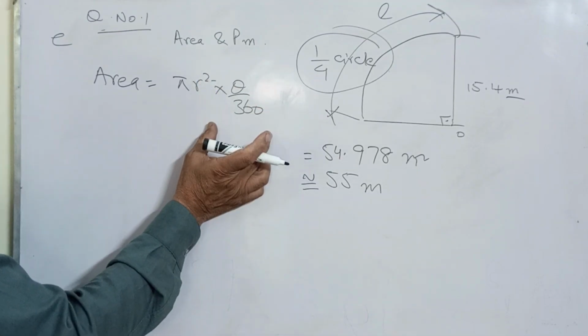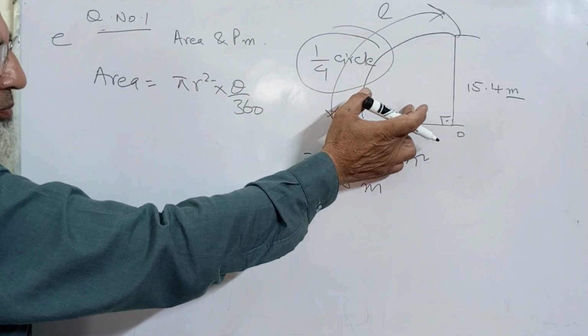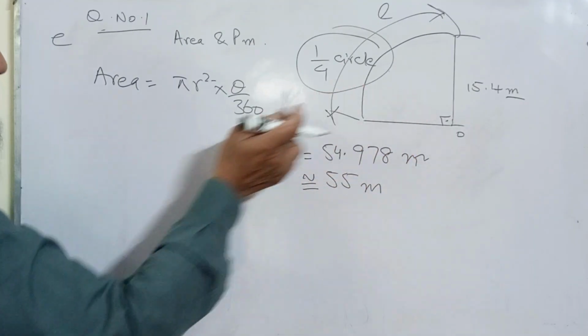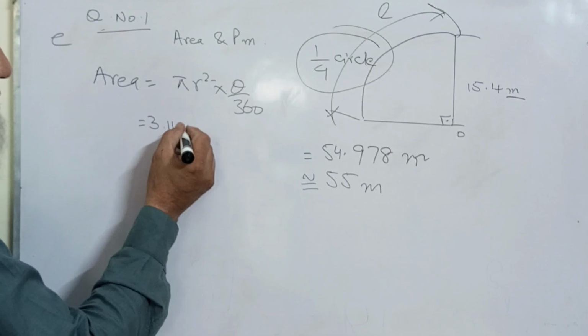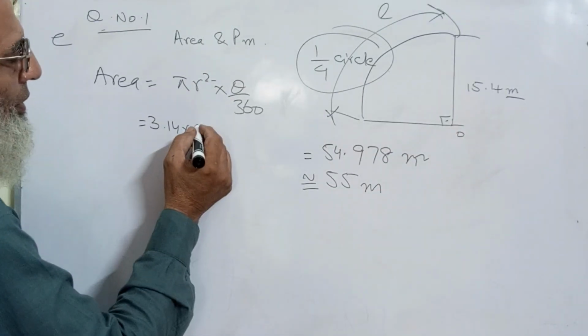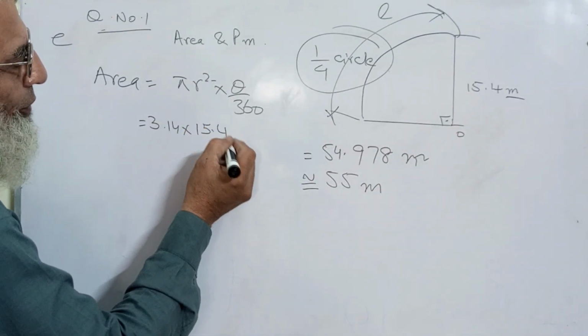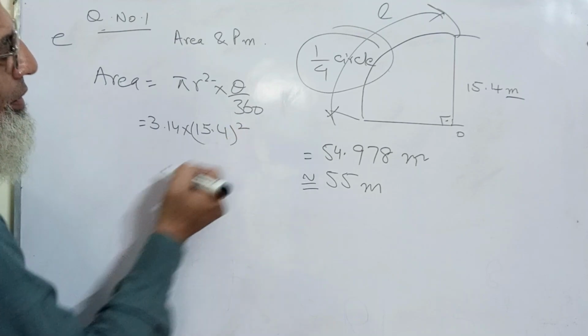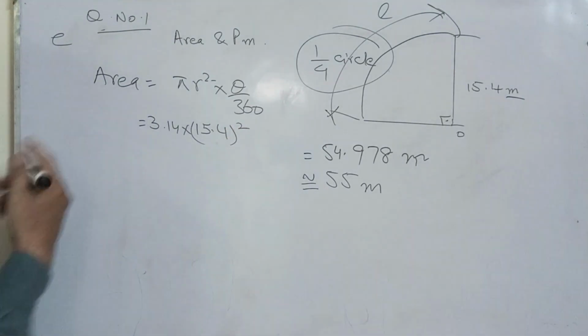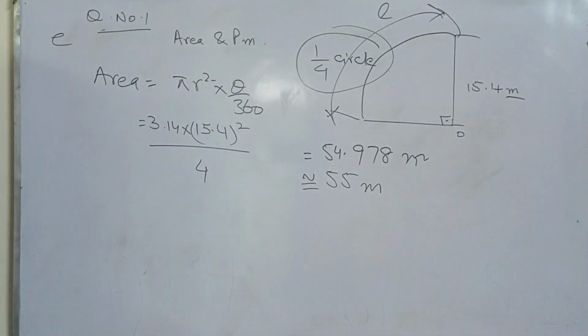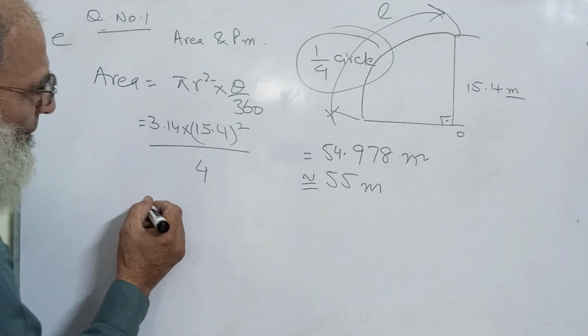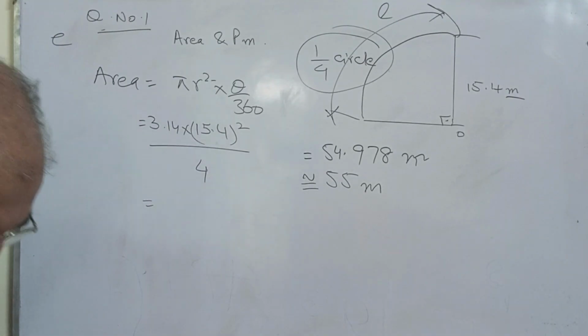Since this is a quarter circle, it will become 3.14 multiplied by r, which is 15.4, the whole square, and this will be transformed into one by four.